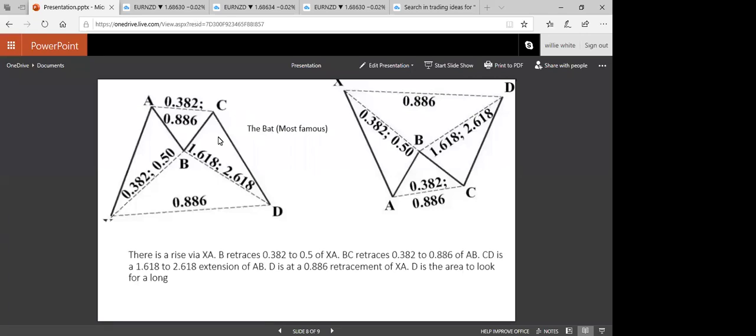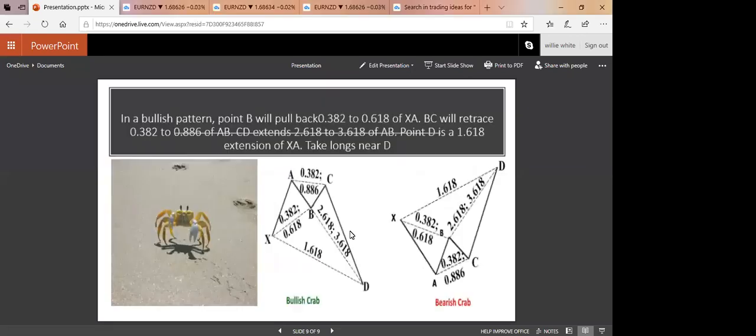All right. So slide 9. Like that crab right there. So in a bullish pattern, point B. Every pattern has specific numbers. Almost every pattern.